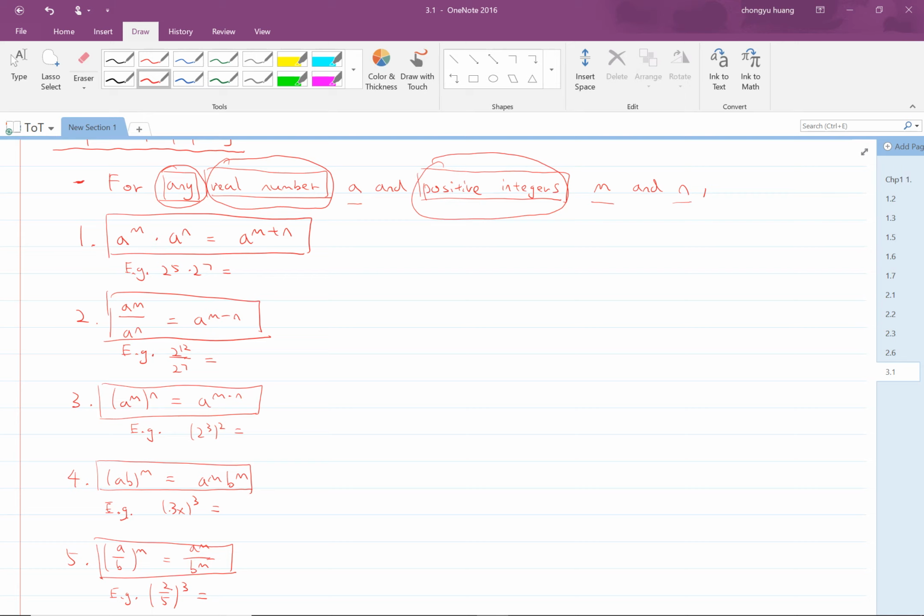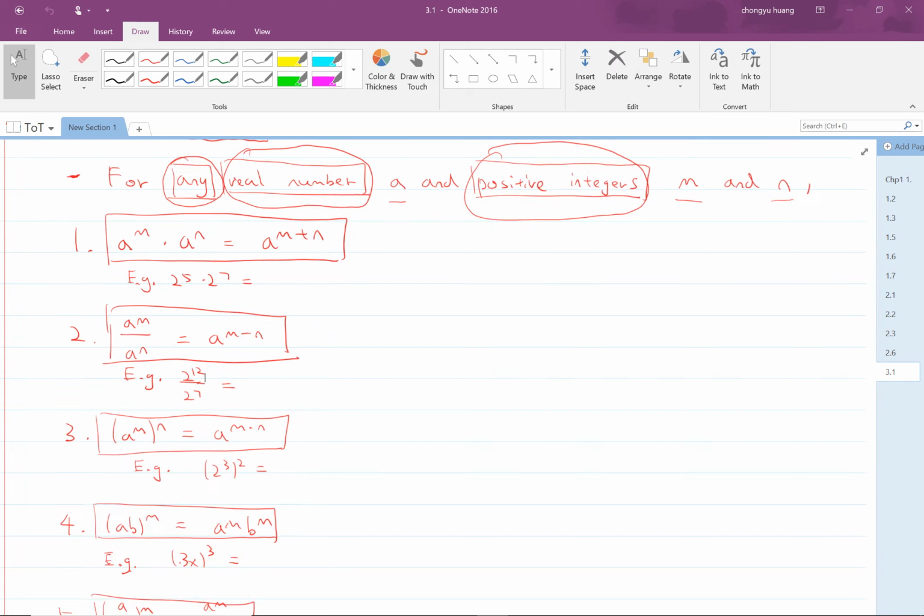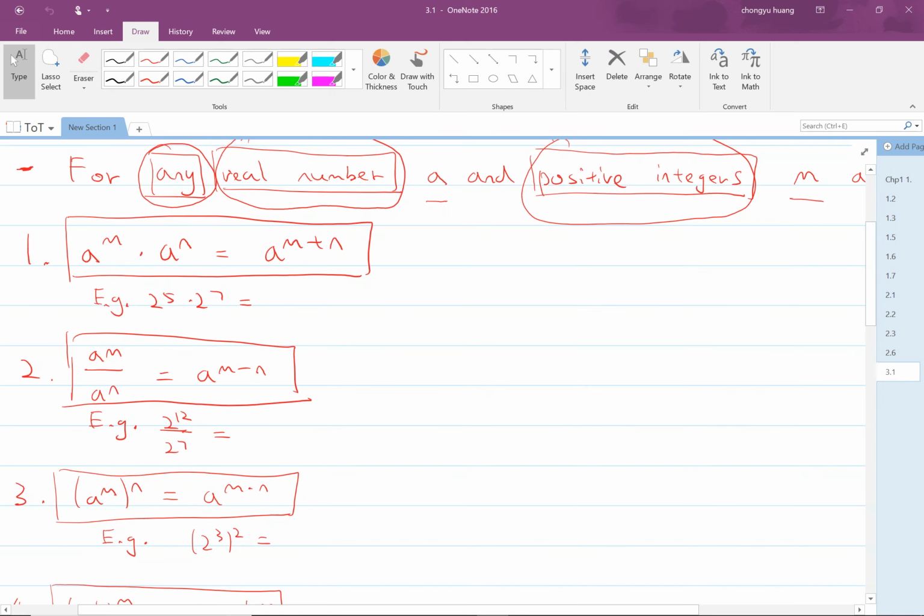You want to make sure you keep those conditions in mind when you actually apply the properties, because if it doesn't meet the condition, then you are not able to perform those really important properties. So let's move into property 1.